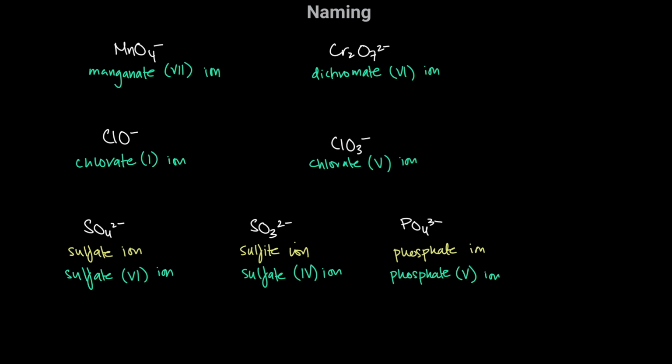Similarly, the phosphite ion, which is PO3 3-, is the phosphite ion because it has one oxygen fewer, hence it gets the name phosphite. But it may also be referred to as the phosphate 3 ion because the oxidation number of phosphorus is plus 3. So if we're just referring to phosphate, we're talking about phosphate 5. And if we're talking about phosphite, we're talking about phosphate 3.